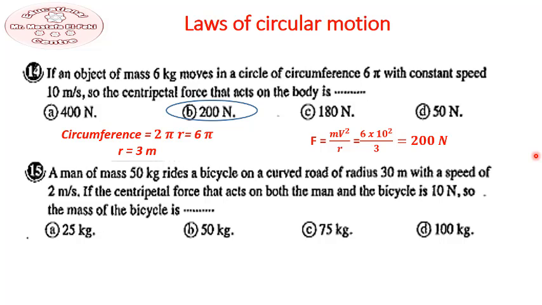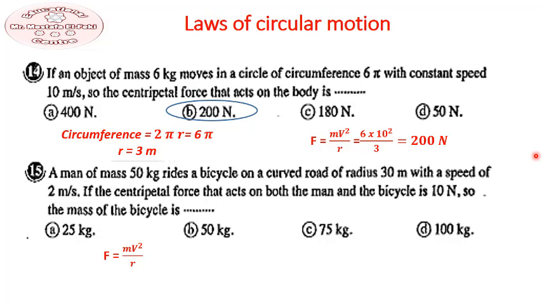A man of mass 50 kg rides a bicycle on a curved route of radius 30 meters with a speed of 2 meters per second. If the centripetal force that acts on both the man and the bicycle is 10 Newton, so the mass of the bicycle is?